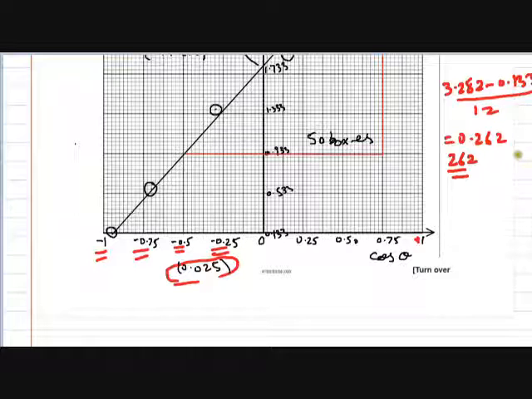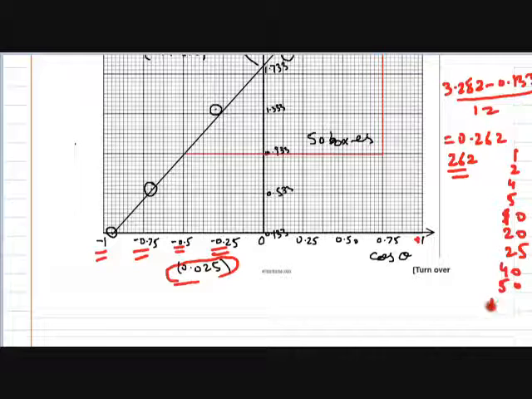For scaling, this scaling should be 1, 2, 4, 5, then 10, 20, 25, 40, 50, 100, 200, 400. You can see it's 262.